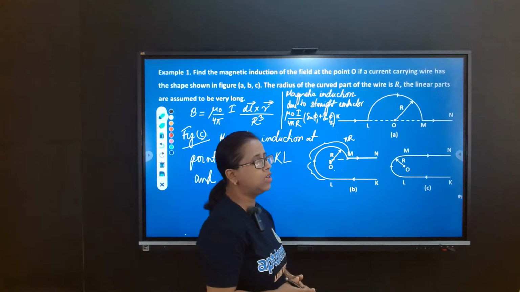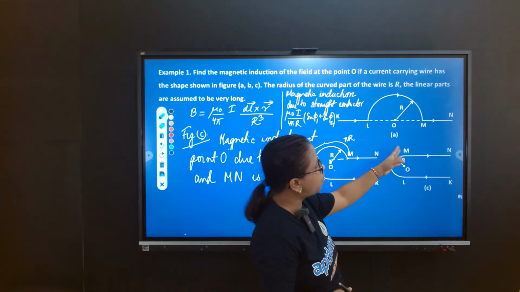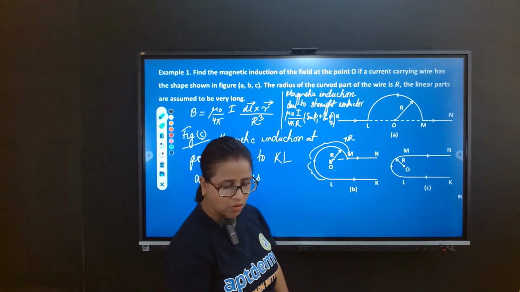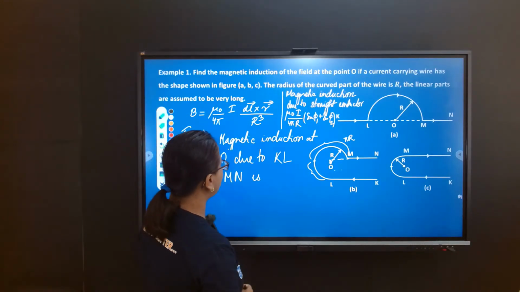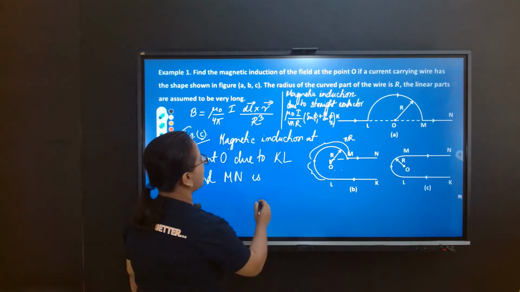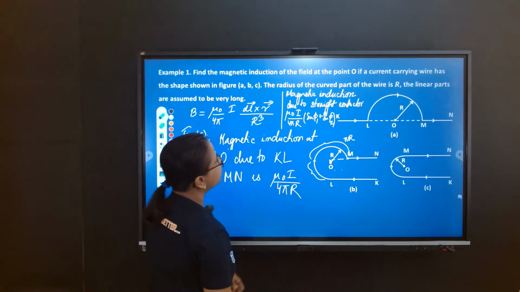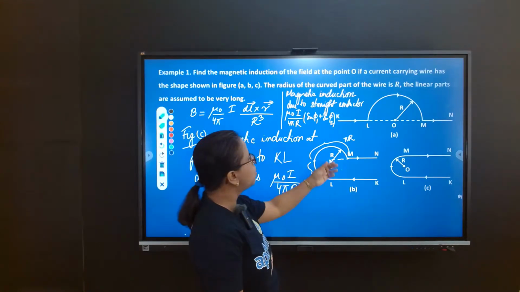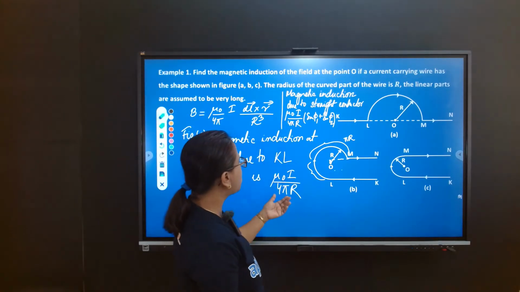And what's the angle in each of the cases? As you can see, from the point O, the angle for each of these straight conductors will be equal to 90 degrees. So proceeding on that note, we have the magnetic field induction at point O due to KL and MN. Applying this particular formula, we get this as mu naught I by 4 pi r. We can see that one of the angles is 90 while the other will be 0. So we get the magnetic induction due to these two elements as equal to mu naught I by 4 pi r.